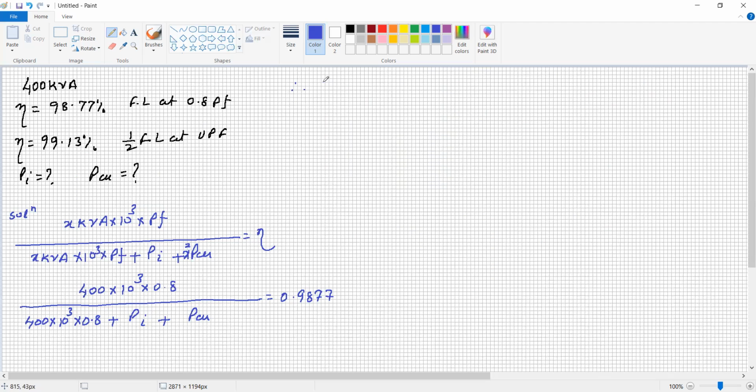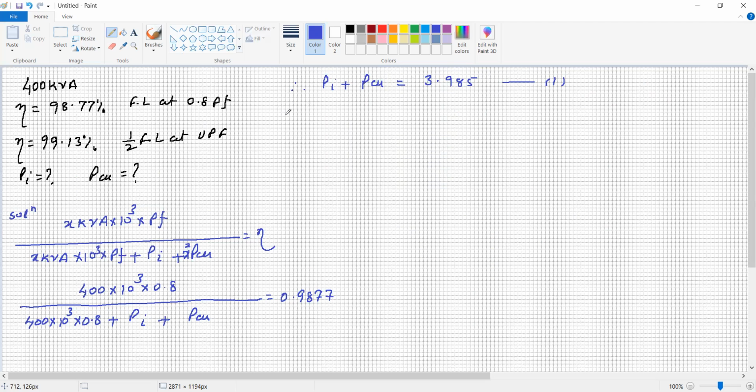Therefore, Pi plus PCU is equal to 3.985. Say equation number 1.